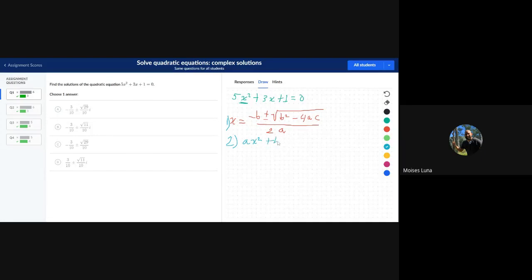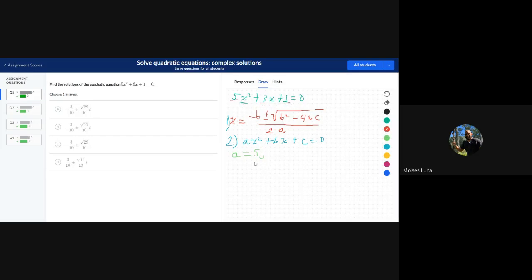So B plus C equals 0. And so then what you need to do is determine which one is A. In this case, A equals 5. You see, because we're taking the coefficients.